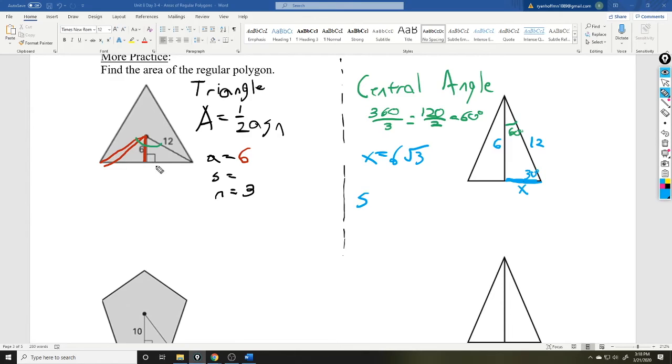My side length needs to be the whole thing because I only found this piece to be 6 square root of 3. So I need to double that back out. Multiply everything outside the square root, that's 12. Everything inside the square root is just square root of 3. So 12 square root of 3 is my side length.